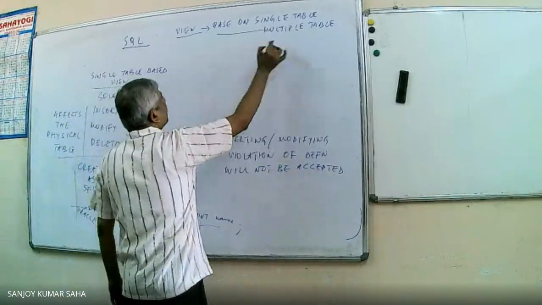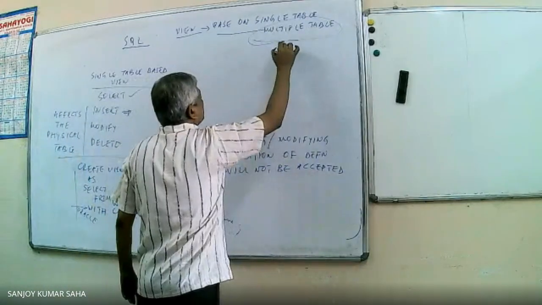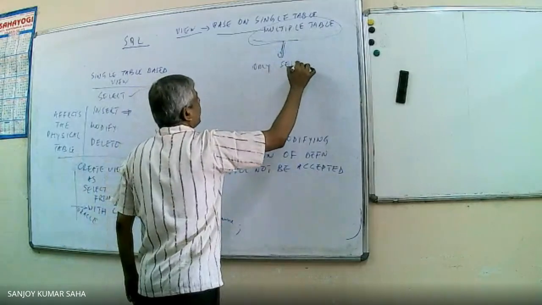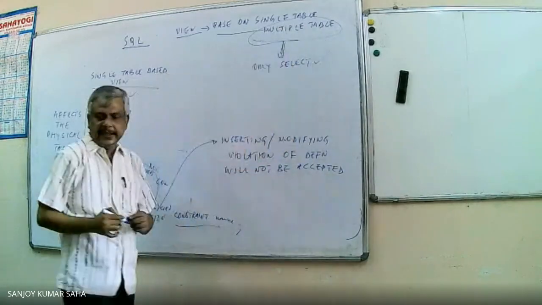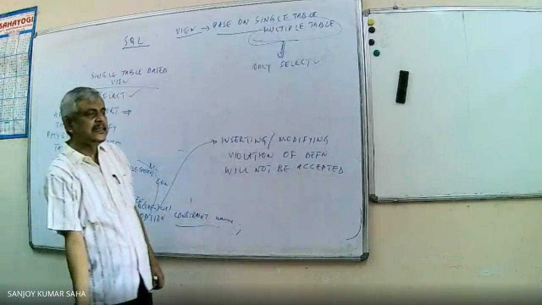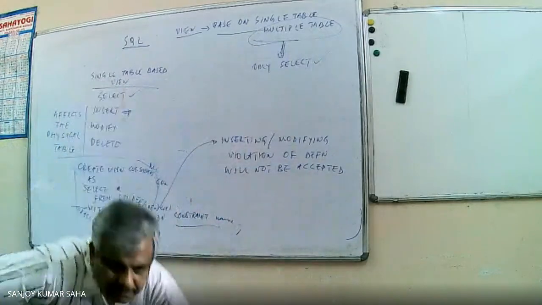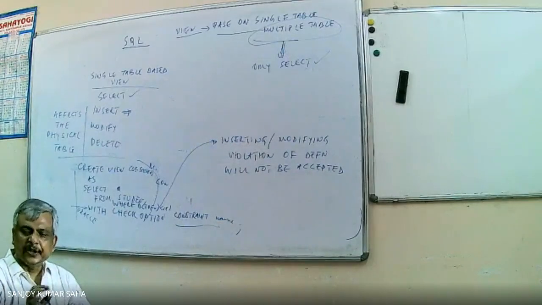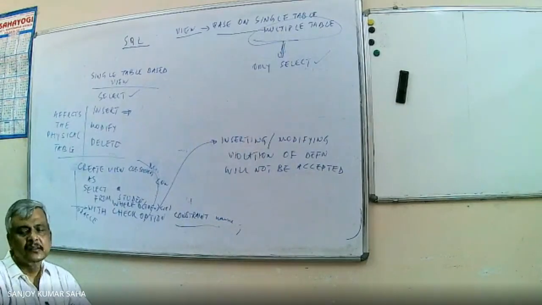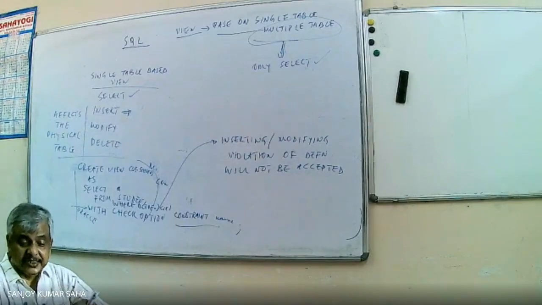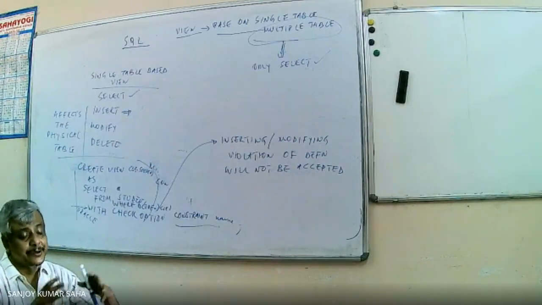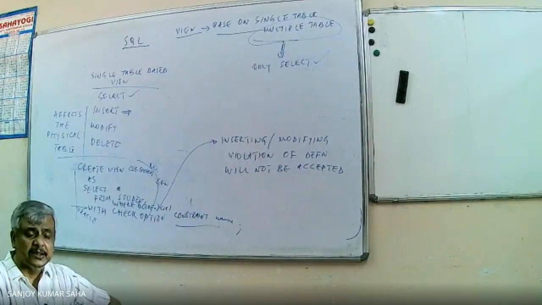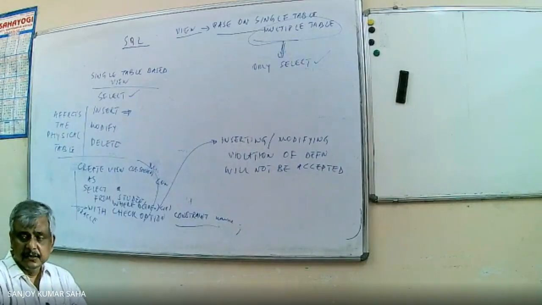Now, if the view is based on multiple tables, then only the select operation, viewing the data, is allowed, because it is now based on multiple relations. If I want to go for insert operation, it will be lots of burden on the system, whether to insert on multiple tables, and which value will go where. So lots of difficulty, pressure will come on the system.